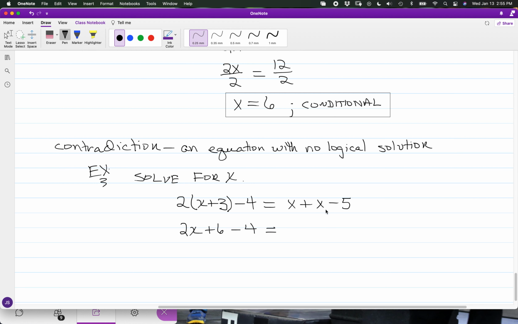And with x plus x minus 5, x plus x becomes 2x. We have minus 5. And then we have 2x once again on the left, and plus 6 minus 4 is going to be plus 2. And again, we still have 2x minus 5.